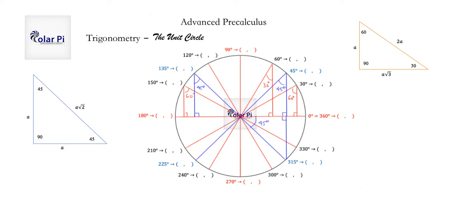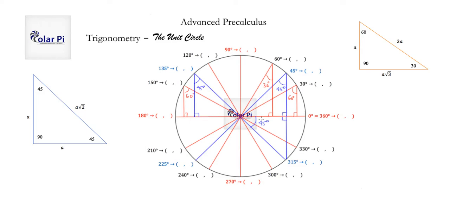First, let's notice that if we take the reference triangle for 30 and compare it to the reference triangle for 150, they're the same triangle. One is a mirror image of the other over the y-axis, this vertical axis in the middle.